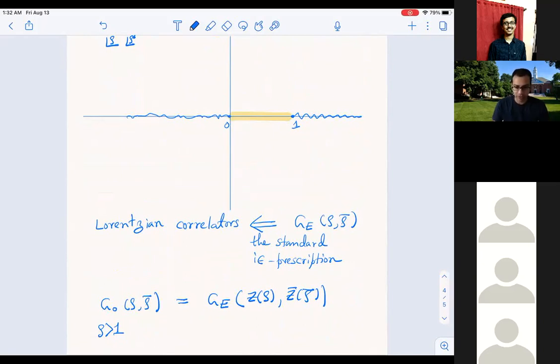You're just changing Z and Z bar. That's it. And because of that, this is also real, and it has many other nice properties that I'll discuss later. But obviously, G naught is not the Regge correlator.